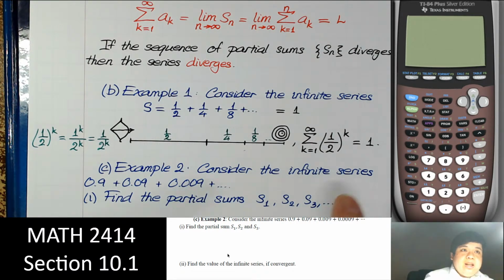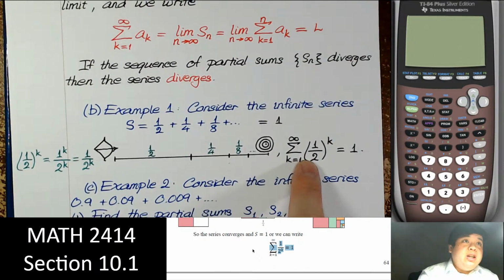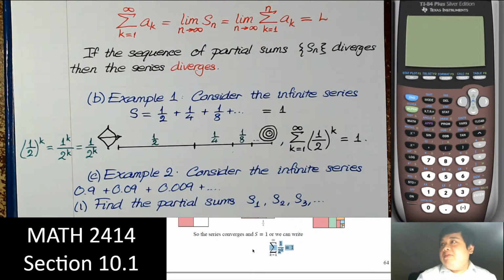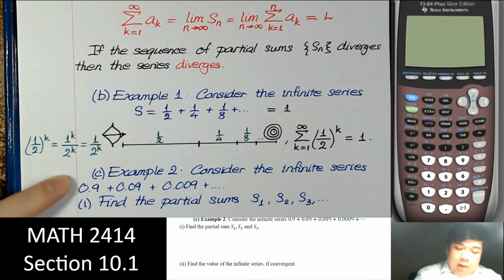Yeah, we can write it like this, or we can write it like that. The reason I write it like this is it just emphasizes the fact that we multiply by 1/2 every time. Right. Now back to this.